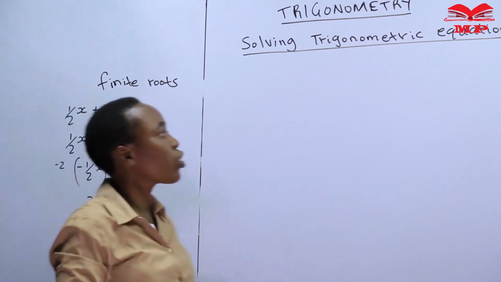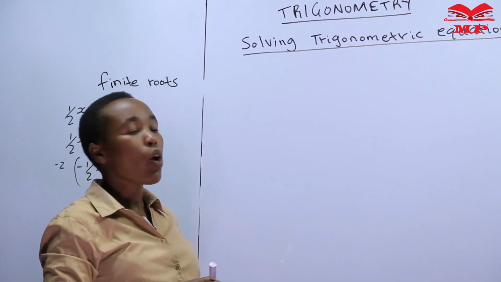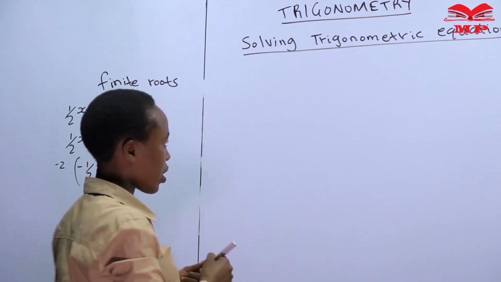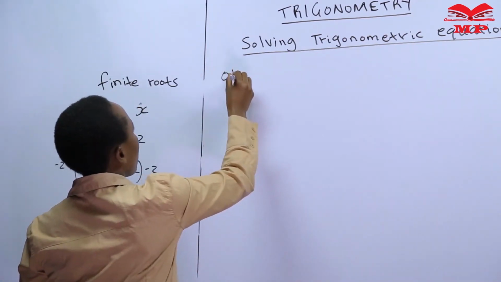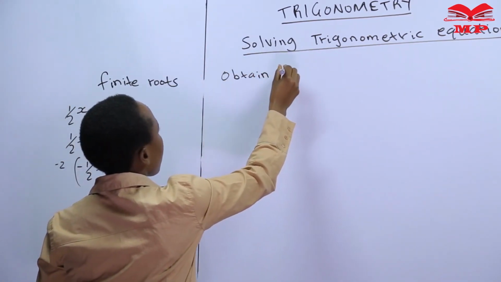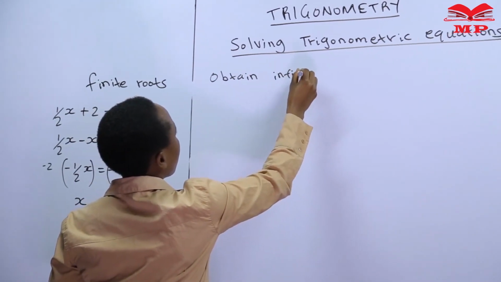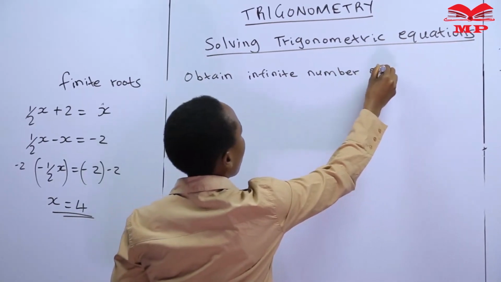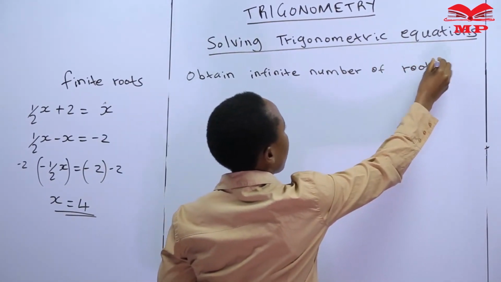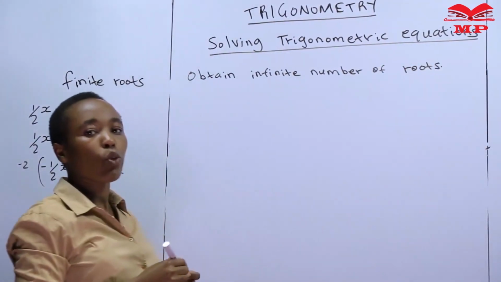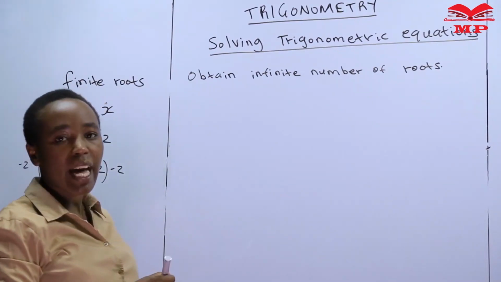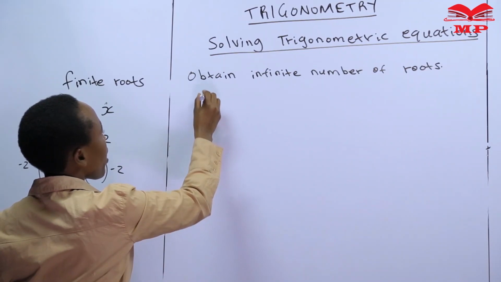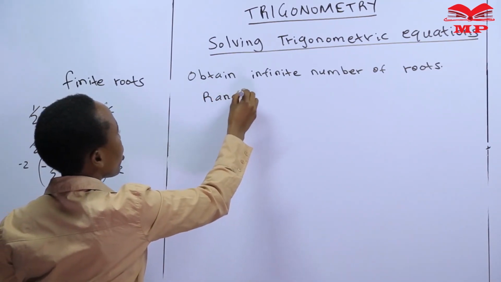Now in solving trigonometric equations, we can obtain an infinite number of roots. Therefore, to ensure that we have a certain answer, in a question we are given the range.